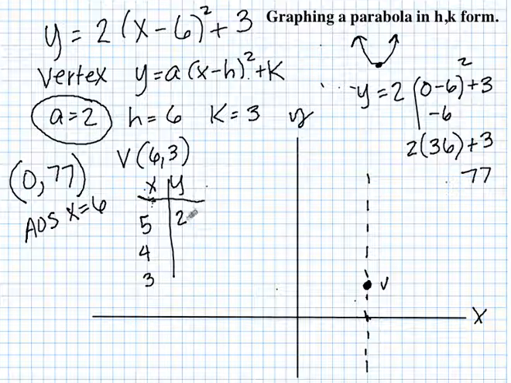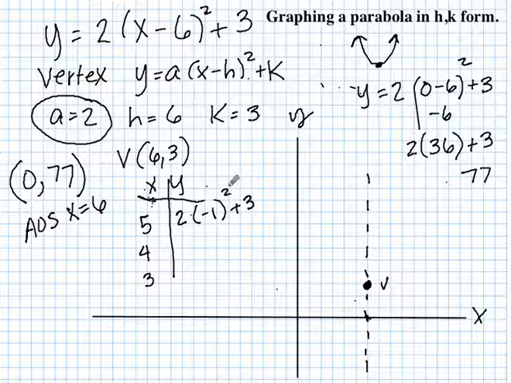So this is 2 times (5 minus 6) squared plus 3. That's negative 1 squared, which is 1. 2 times 1 is 2, plus 3 is 5. So (5, 5) is one of the ordered pairs on my parabola.